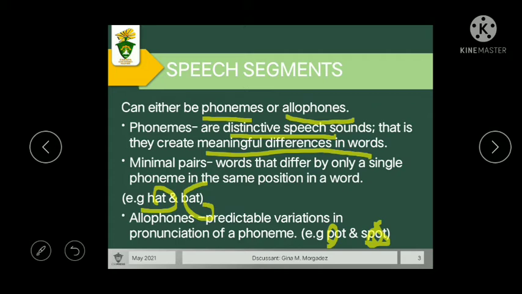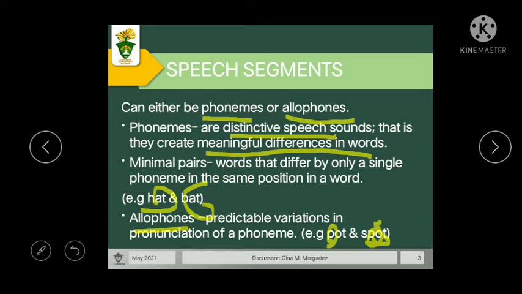There is no way to create two separate words in English that differ only by aspirated and unaspirated p. These two sounds, therefore, are not phonemes, but allophones.